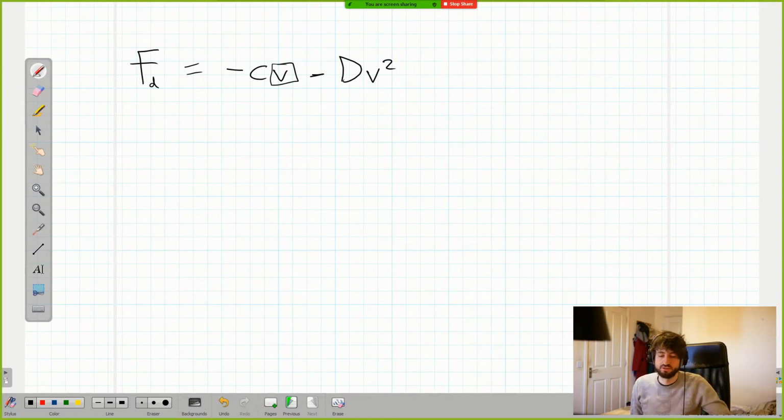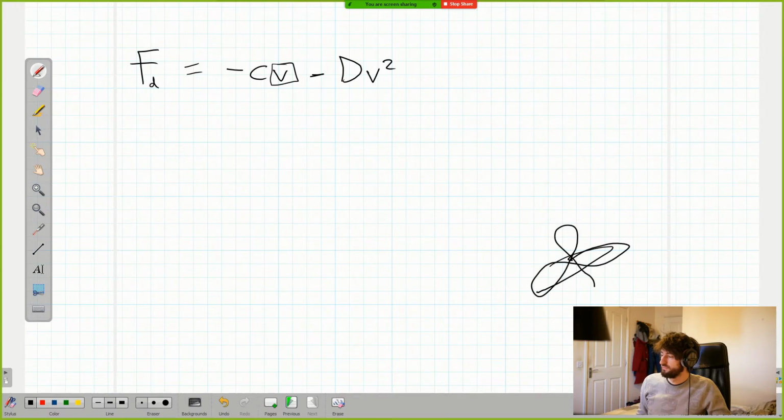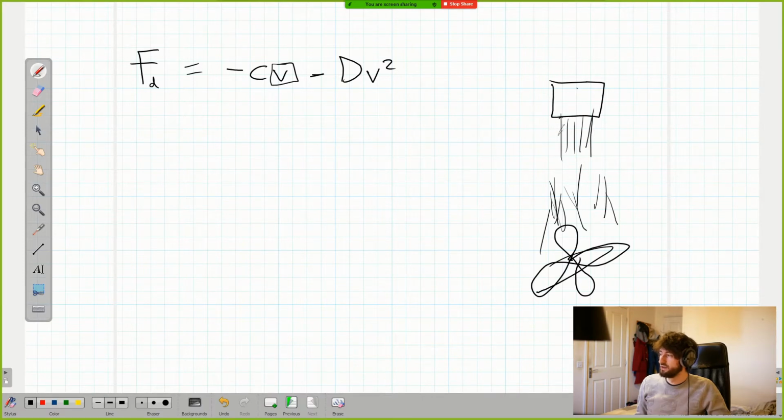Now, we're going to go more into relativity later, but just think of it this way. If you have a fan, okay, and the fan is blowing wind, right, then even though you might not even be moving, you're going to experience the drag of that wind on you. Okay. But in general, I mean, we do that in video games, but in general, when we're talking about drag, like Unity has a drag slider, right?